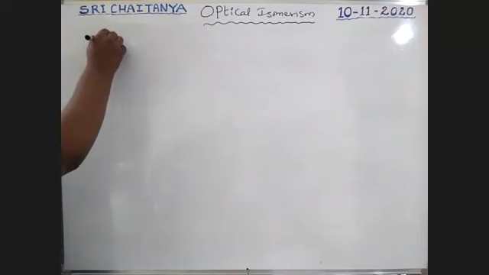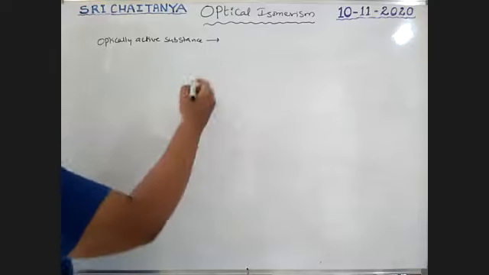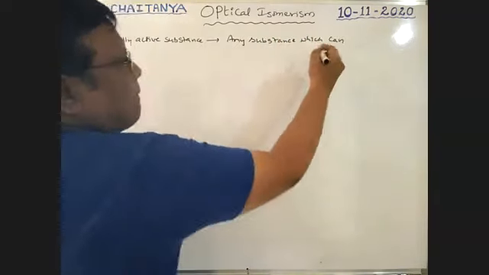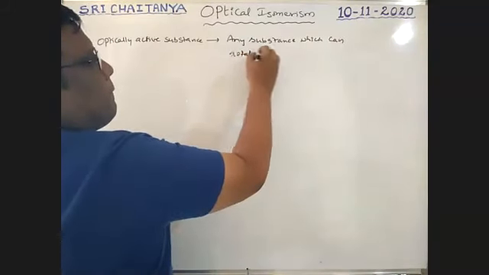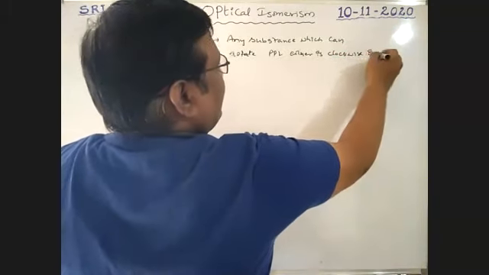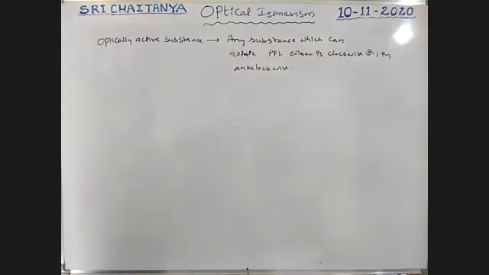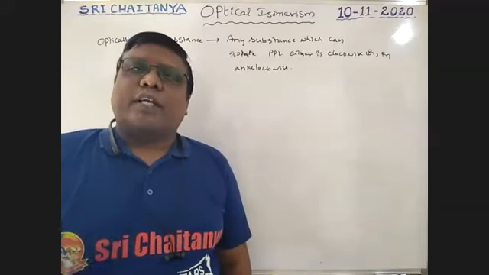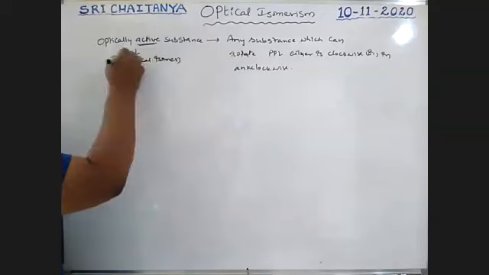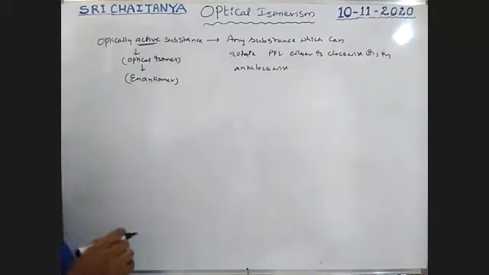Note down these points. Optically active substance: any substance which can rotate plane polarized light either in clockwise direction or in anti-clockwise direction is called an optically active substance, which is also called an optical isomer, which is also called an enantiomer.